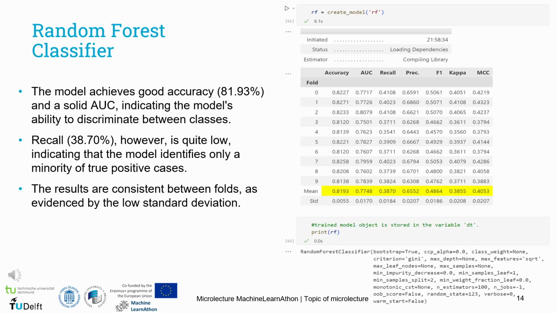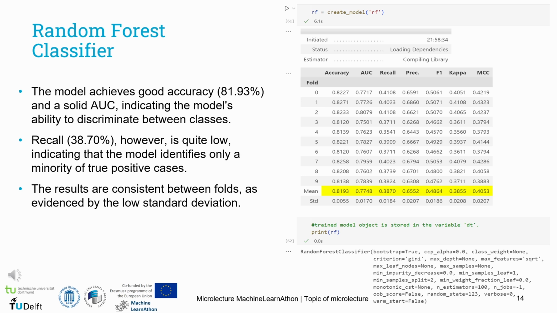This slide presents a practical example of how the create model function is used to train and evaluate a specific model, in this case a random forest classifier. As shown in the code snippet, we create the model by calling create rf. This function triggers the training process using 10-fold cross-validation and returns performance metrics for each fold.